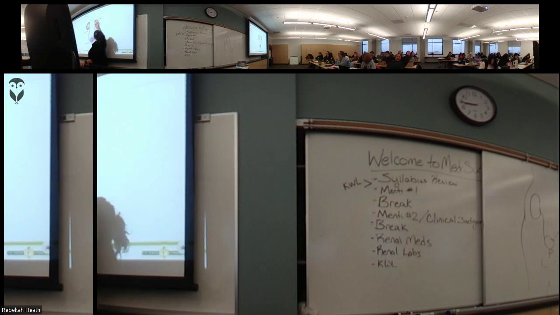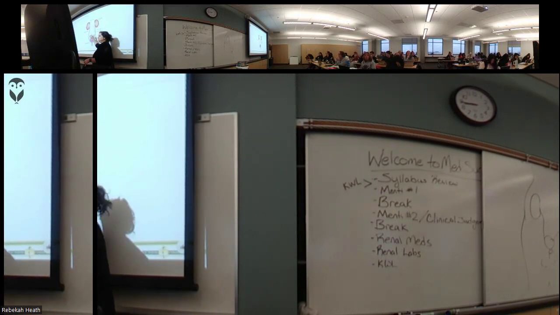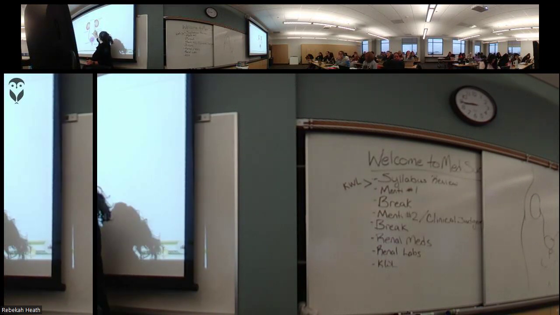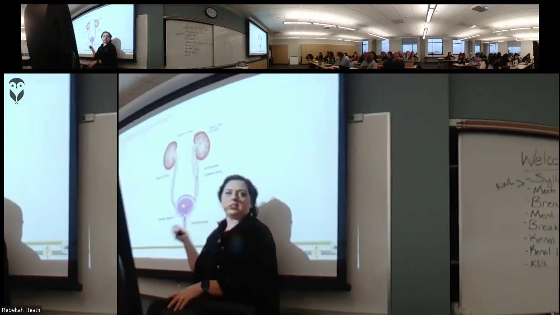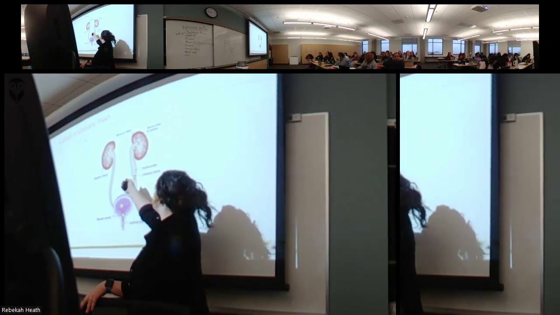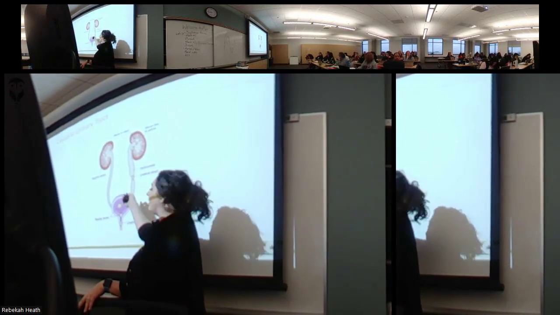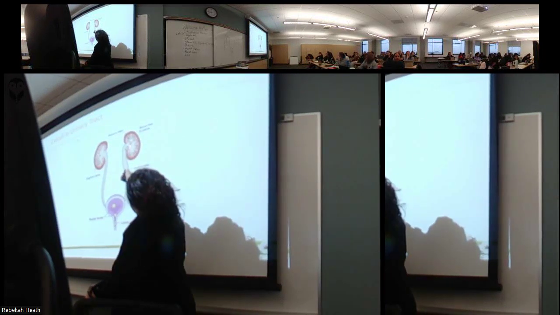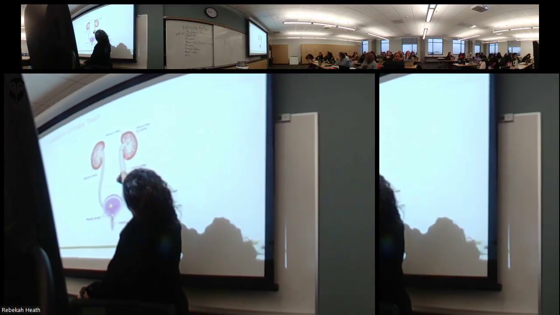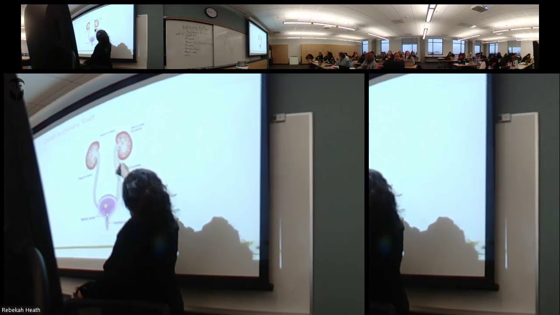There's all this fluid that's trying to push down and it can't. So that's where this backwards pressure is happening to this kidney. This kidney is probably under quite a bit of distress because it can't empty out. Everything is getting backed up in here. You can see the kidney is starting to get a little bit bigger.